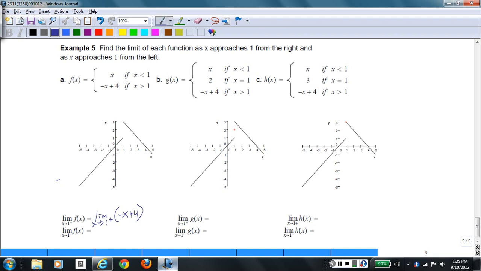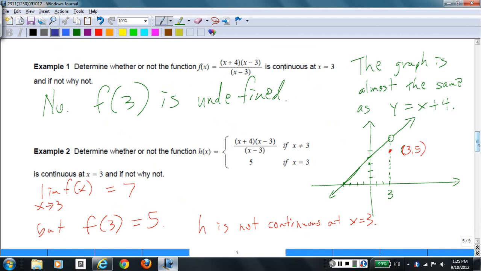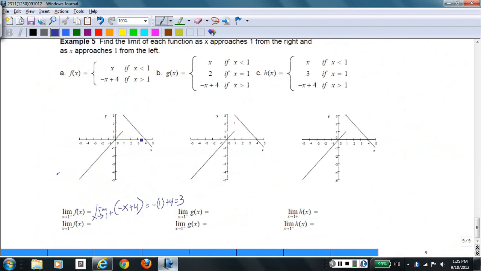Substitute the 1 for x, and that's 3. Visually, as x approaches 1 from the right, points on the graph are approaching a point whose y-coordinate is 3, so the value of the limit is 3 from the right.